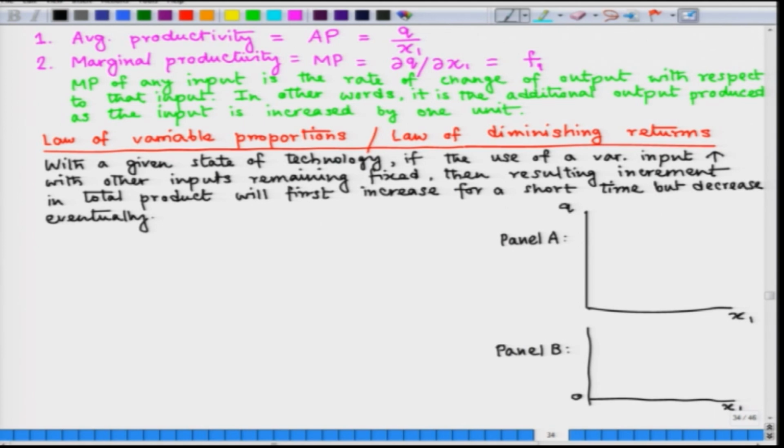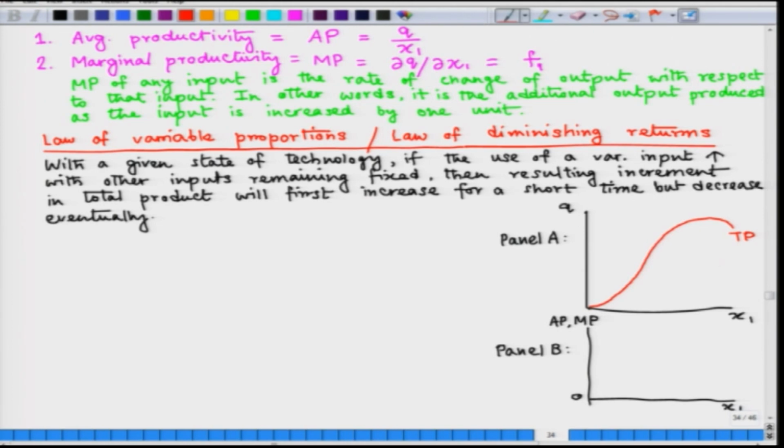Okay. So, in the panel B diagram I am going to measure the average product and marginal product along the vertical axis. First I am going to draw the curves and then I am going to explain. A neoclassical production function has 3 stages and it follows this kind of a shape.